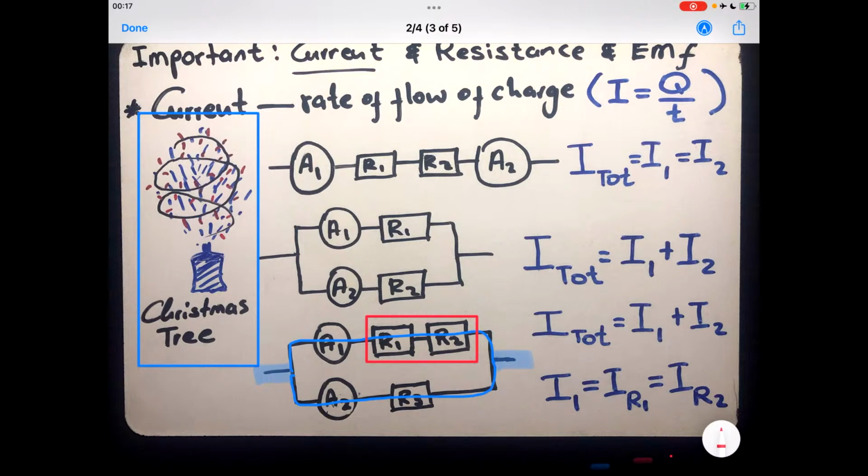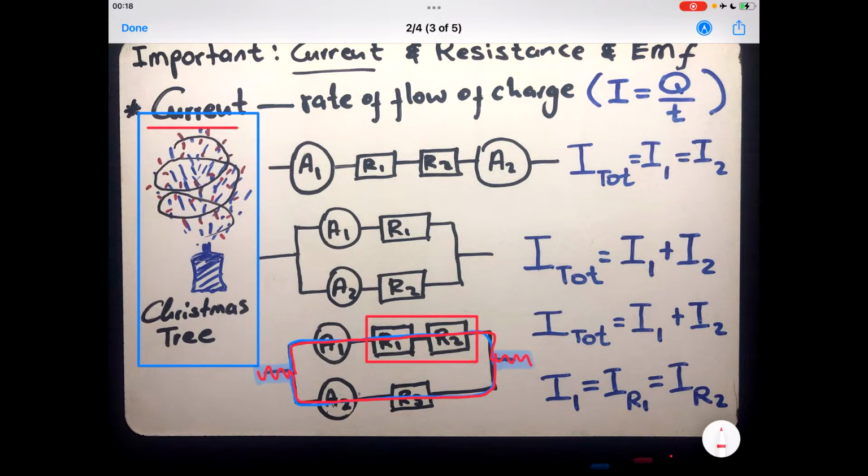So remember, we are talking about the current, honorable members. So let's discuss the current. What happens to the current in this case? Obviously, it flows as total and then it splits. That means the current passing through ammeter 1, when you add it to the current passing through ammeter 2, has to take you back to that total current.